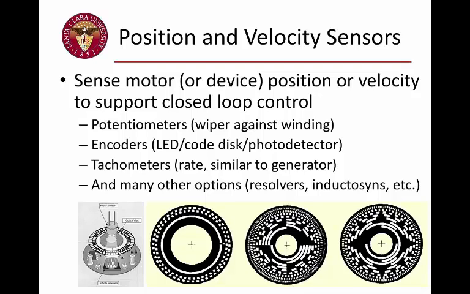You can manually turn the shaft in order to change the resistance, put that into the top half of a voltage divider, and therefore shaft change is converted to a changing voltage, which we can then think about and compute with in our circuitry in our computers. So you can imagine the use of a potentiometer, and rather than a manual rotation, maybe it's hooked up to some sort of gear train or transmission in order to link the rotation of the potentiometer to motion of the device.